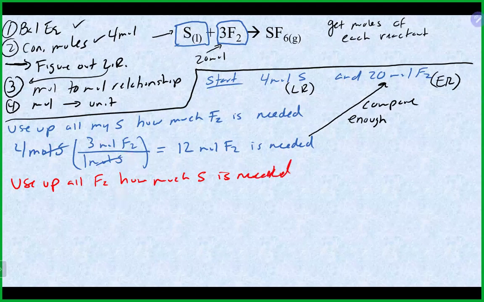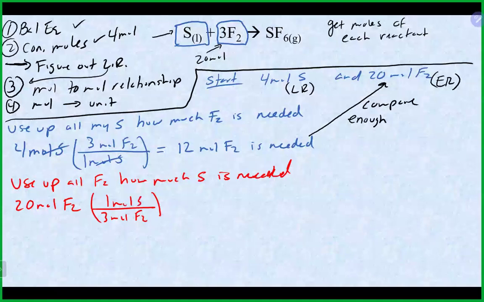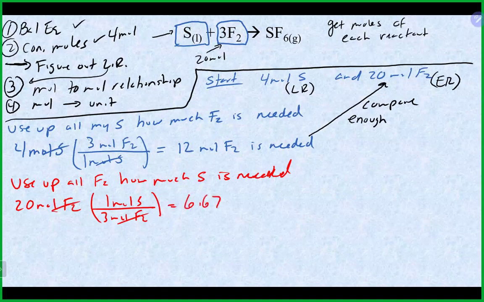And if I did that, I would start with my fluorine, which is 20 moles. I would use my same relationship from the equation, just opposite. 3 moles of fluorine is 1 mole of sulfur. The moles of fluorine will cancel. I will take 20 divided by 3, which is 6.67 moles of sulfur needed.